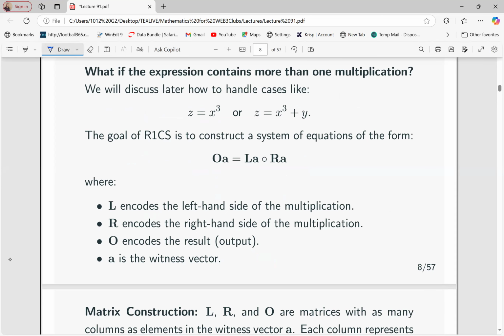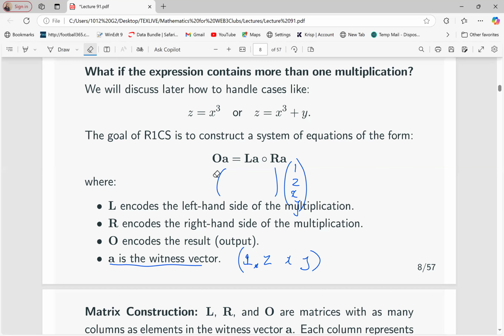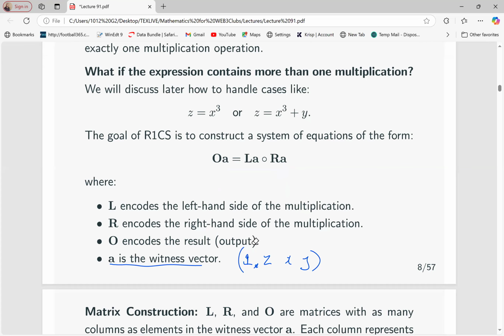We already said that this vector is one row and several columns, like in our previous example, Z1, Z, X, and Y. So in most cases, we'll be writing it in column form, so that we can multiply it by matrices on the left side, just for easier multiplication.